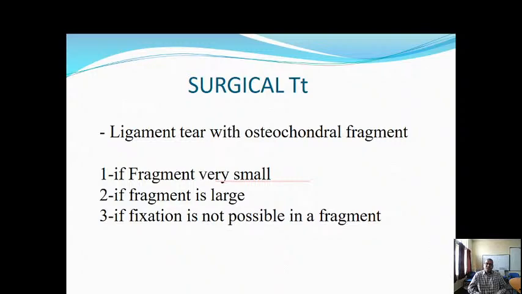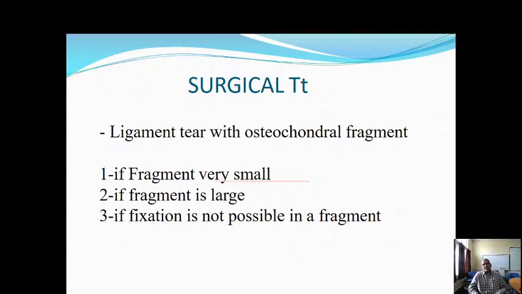Ligament tear with osteochondral fragment: an osteochondral fragment is a very small bone fragment. So if the fragment is very small, we again need to reconstruct the ligament. If the fragment is large, we go with K-wire fixation and thumb spica cast. If fixation is not possible, we go for ligament reconstruction.